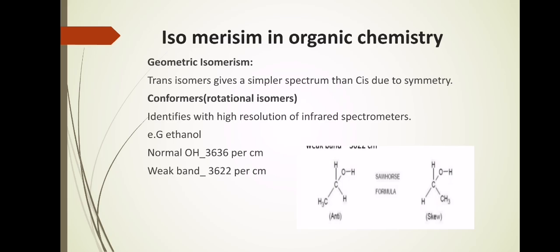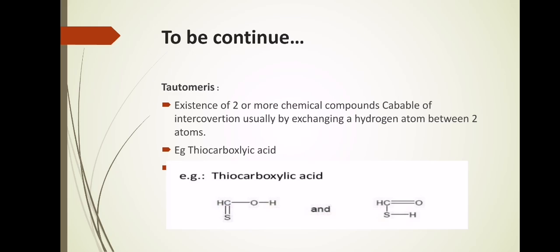If we talk about geometric isomerism, trans isomers give a simpler spectrum than cis isomers due to their symmetry. Conformers, like rotational isomers, are identified with high resolution infrared spectrometers, for example ethanol. Its normal hydroxyl band is at 3600 per centimeter, but its weak band is at 3622 per centimeter.